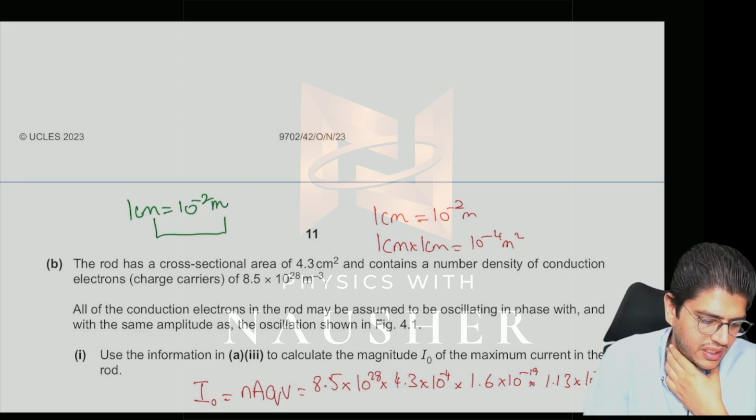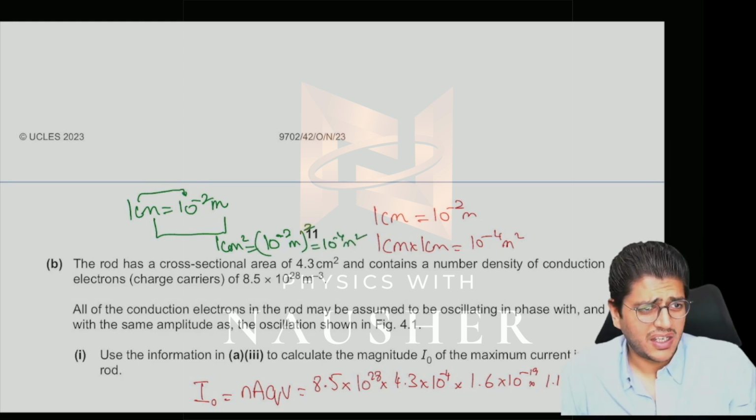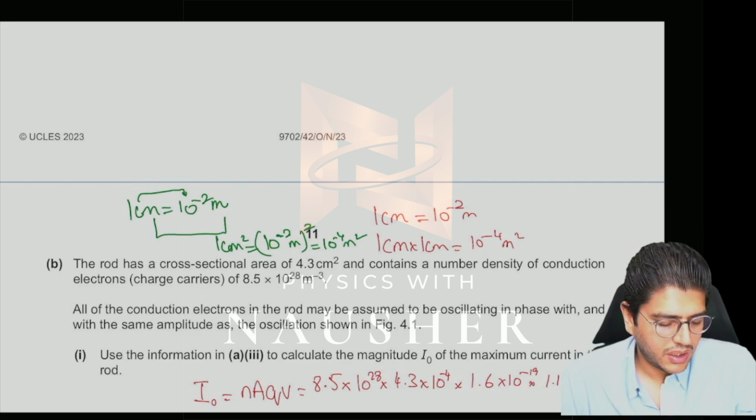So when they say 1 centimeter square, you put 10 to the minus 2 meter and put a square on top, so you'll get 10 to the minus 4 meter square. Easy. Similarly, if they say 1 centimeter cube, you can just put a cube and it'll convert to 10 to the minus 6 meter cube.